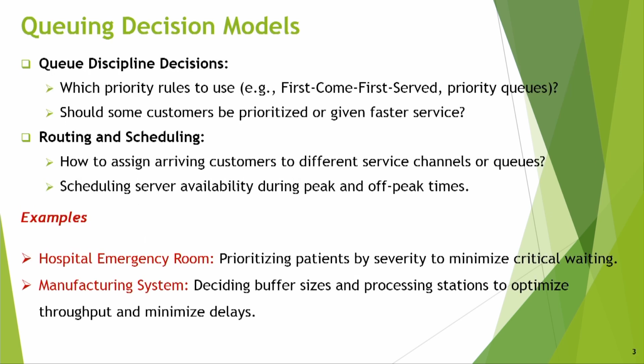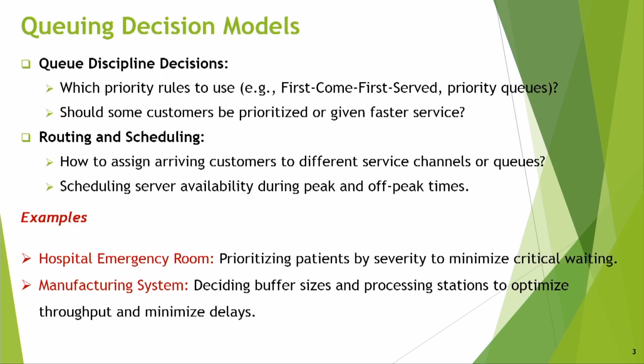Then queue discipline decisions. We make this type of decision, that which priority rules should be used. For example, it should be first come first served or it should be some priority queue. Should some customers be prioritized or given faster service? Then routing and scheduling, how to assign arriving customers to different service channels or queues.